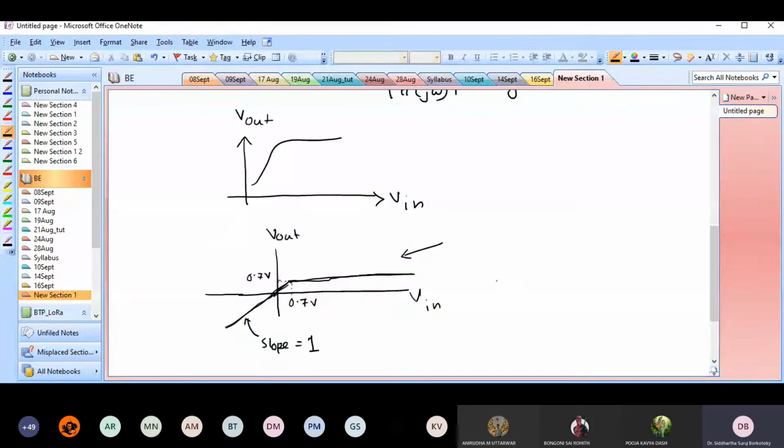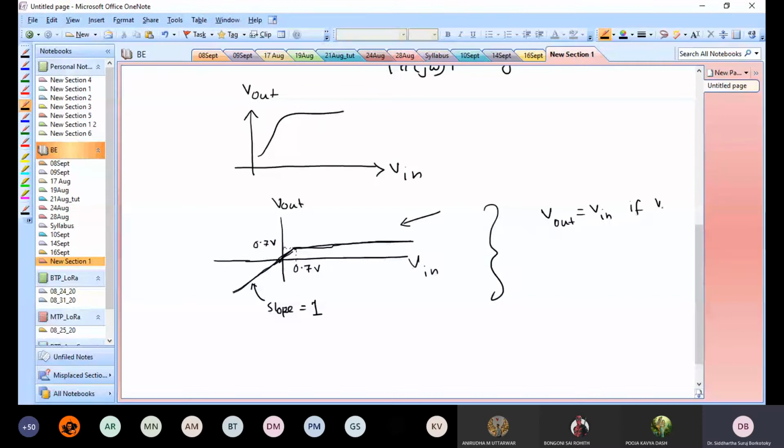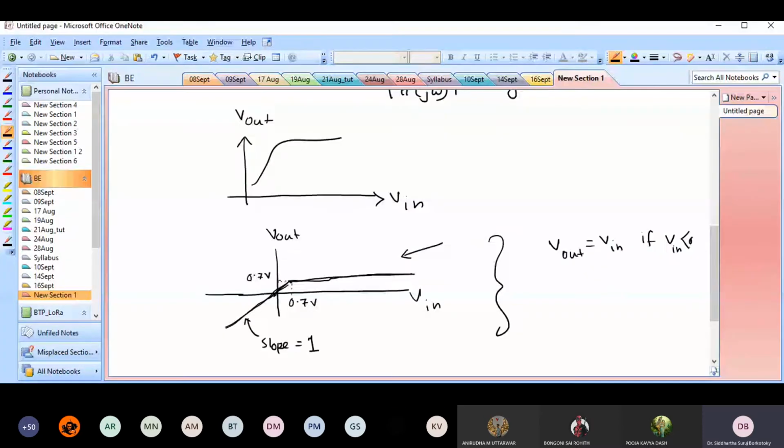So this particular graph means that V out is equal to V in if V in is below 0.7 volts, and V out is equal to 0.7 volts if V in is greater than 0.7 volts.